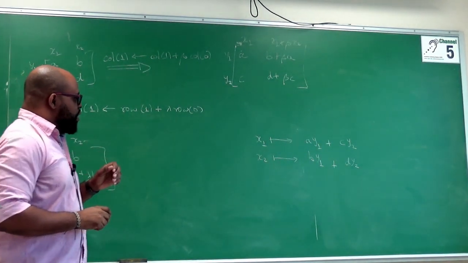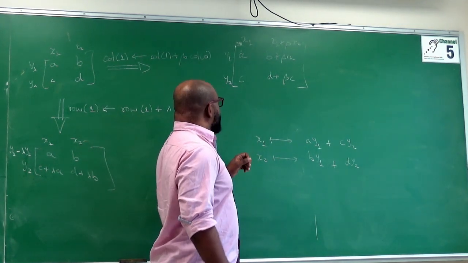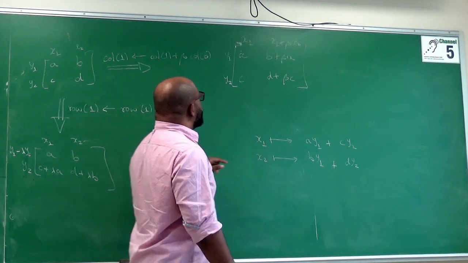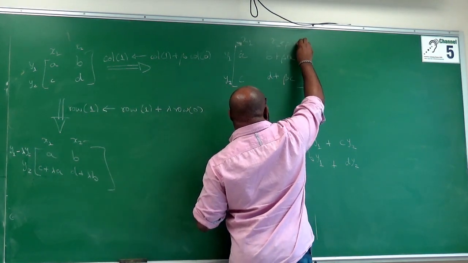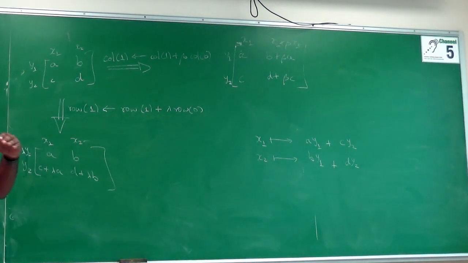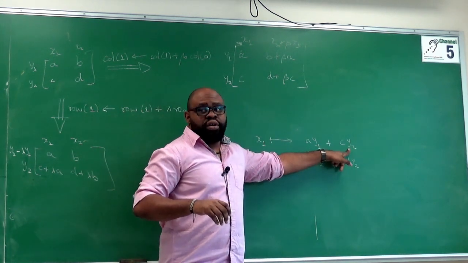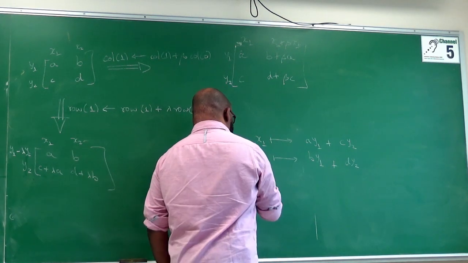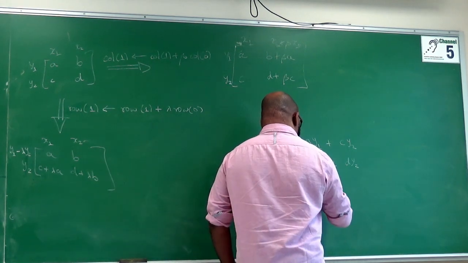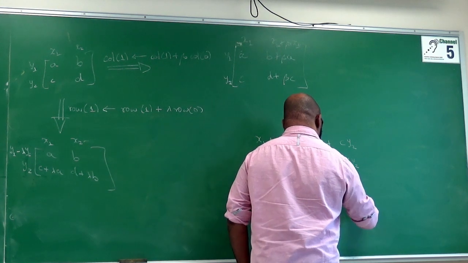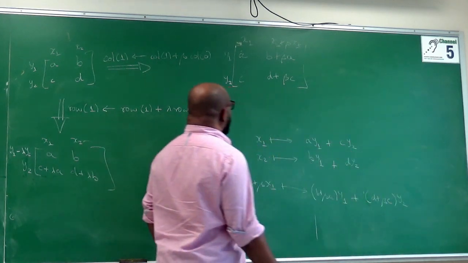So if you were to do beta times this first relation plus this relation, what you get is that x2 plus beta x1 now goes, because everything is linear, to b plus beta a y1 plus d plus beta c y2, right?